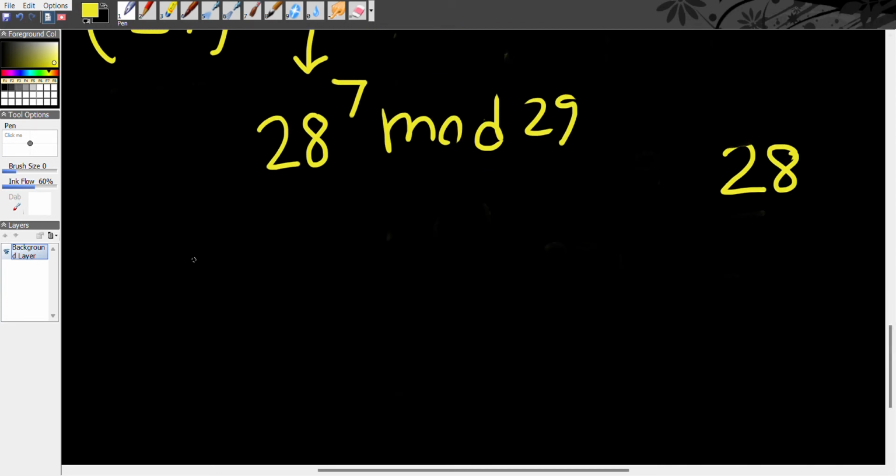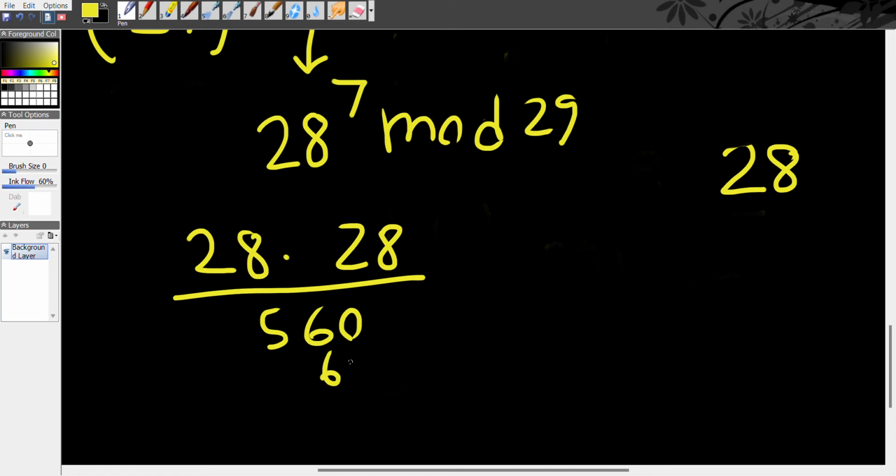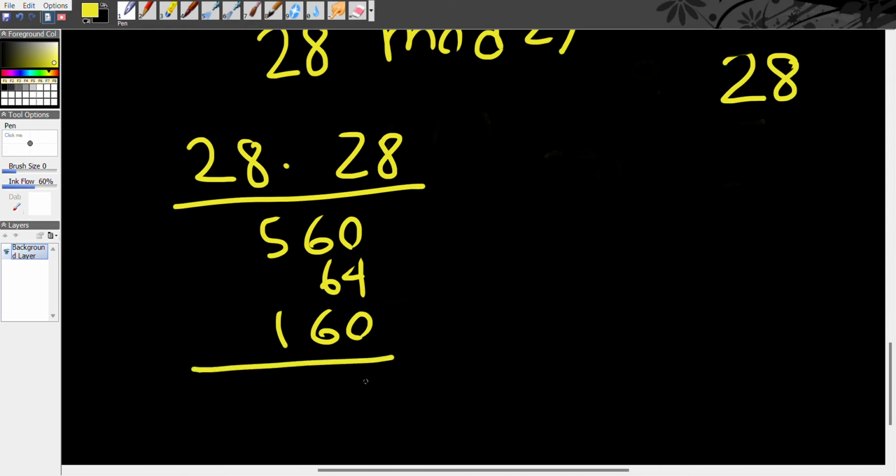So what I'm going to do next is square 28. That happens to be a 4, not a 6. This is a 64, 18, and this is 7.